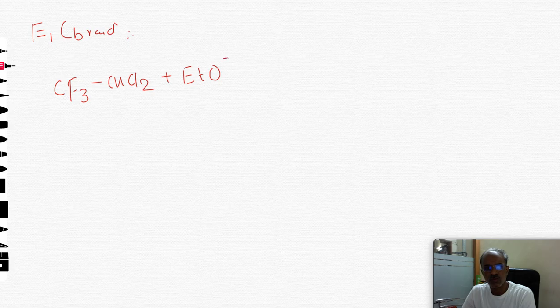Now CF3 dash CHCl2. Suppose now this is the ethoxide. Now this is the alpha carbon atom, this is the beta carbon. So this will then give CF2 double bond CHCl.